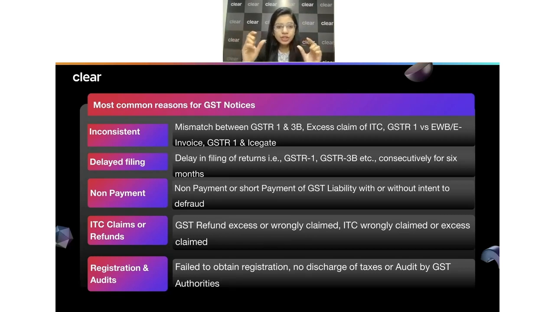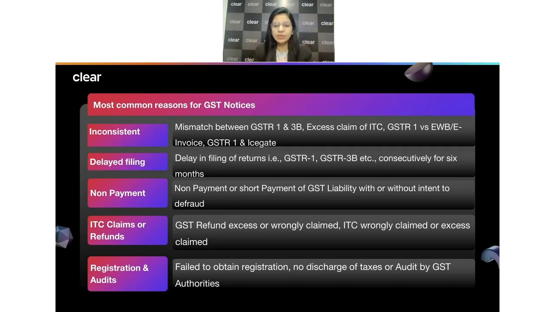In short, we always have to make sure that there is a proper comparison. Whenever I'm comparing my GST 1 with my GST 3B, I should properly compare whether the values are correctly coming or not. And for that, you have to do an apple to apple comparison, which means whatever is coming in GST 1 and also coming in 3B, only then we have to compare it.